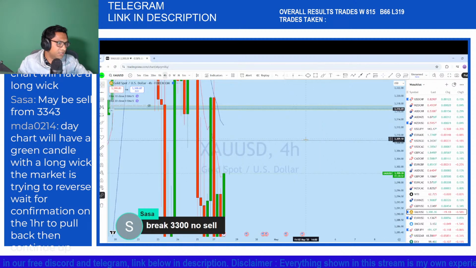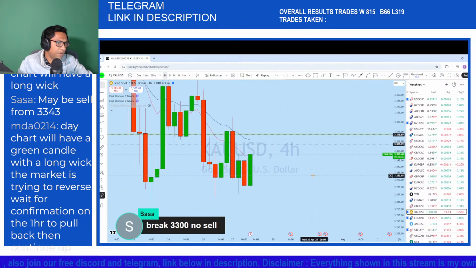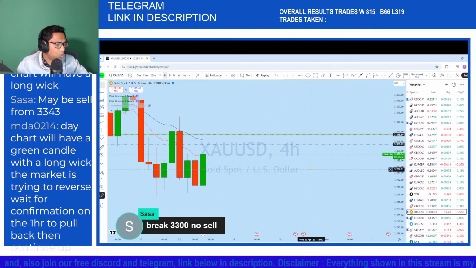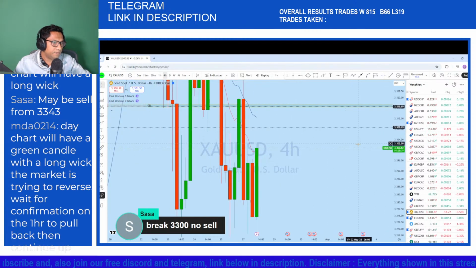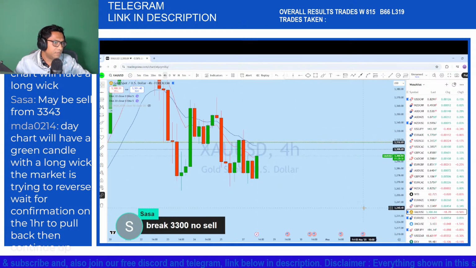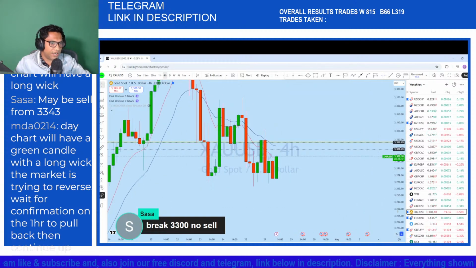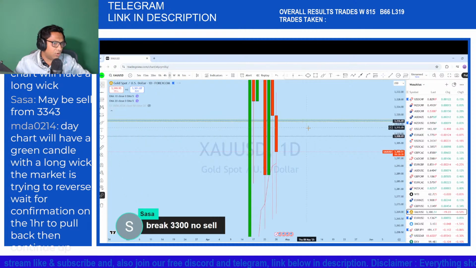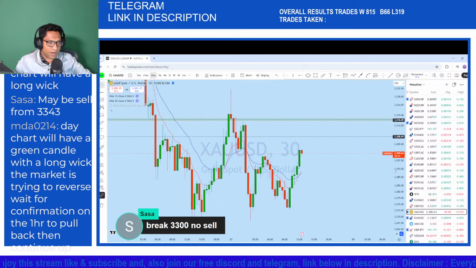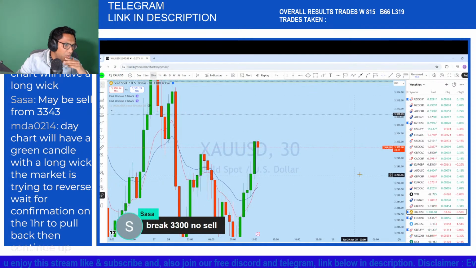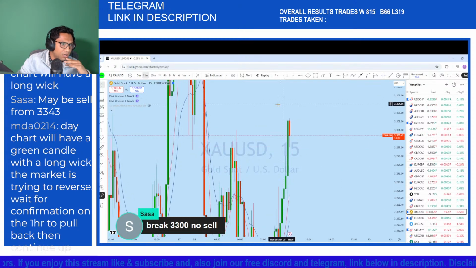So if you look at here, you can see this is sharply moving back to the daily level where there is a high liquidity. So if the market is going to that daily level where there is a liquidity, we could see the market possibly come back to the level where, you can see, this is long term.